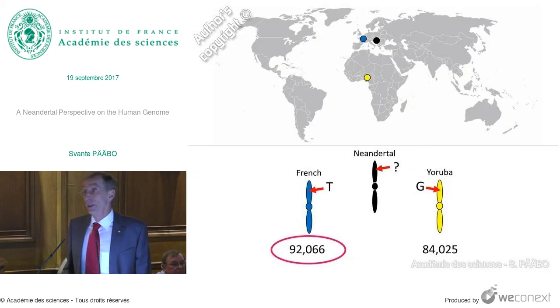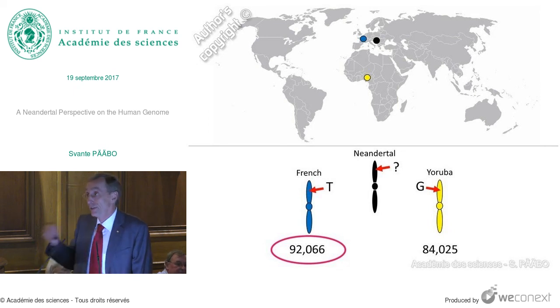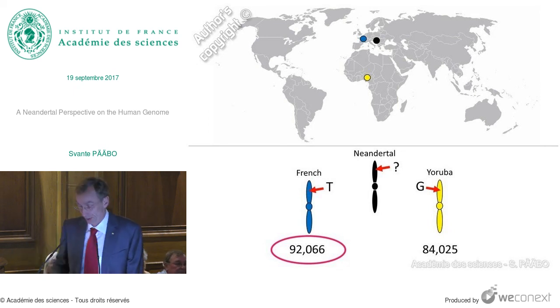So you could begin to address that question quite simply, by comparing the genome of a European individual, we happened to choose a French individual as a typical European at the time, and an African individual, finding positions where they differ from each other, and asking: how often does a Neanderthal match the European individual or the African individual? Is it 50-50, or is there more matching to one or the other? And indeed, it turned out to be significantly more matching to the European individual.